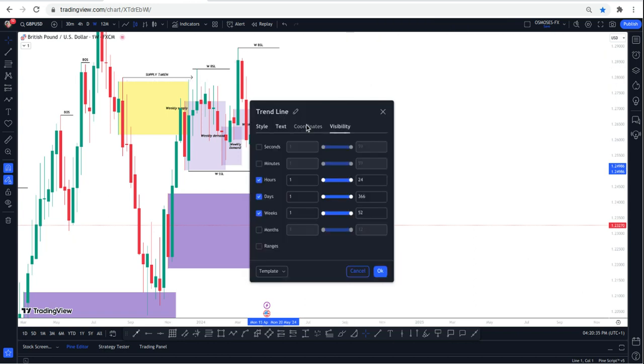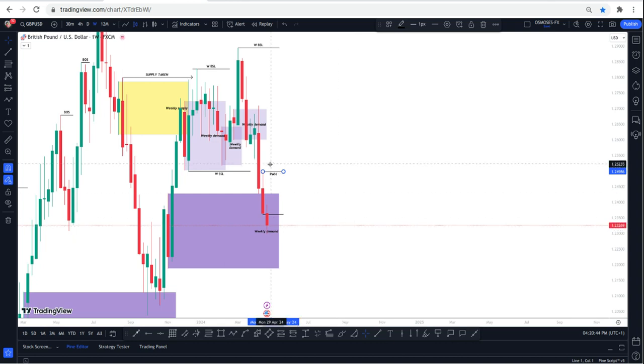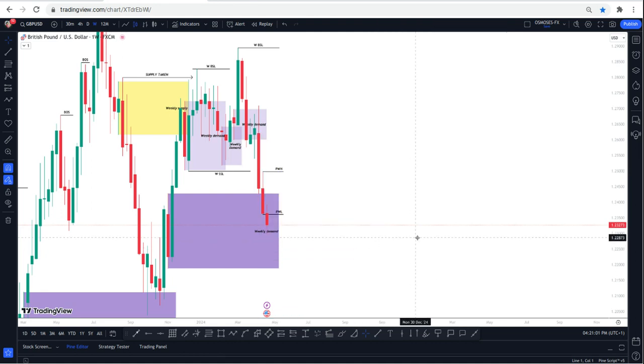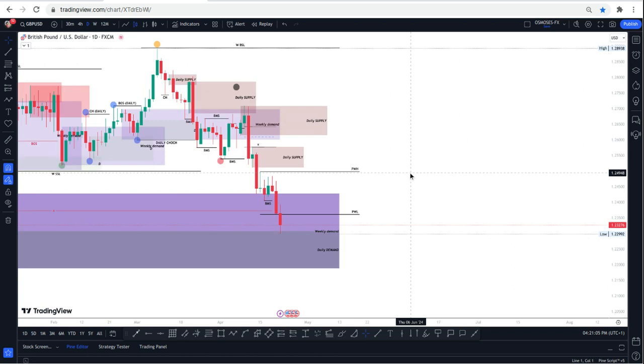This is previous week high, then previous week low. I like it to be at the top right, and here too at the top right. Okay, if I go down to daily, I should still see it's good.